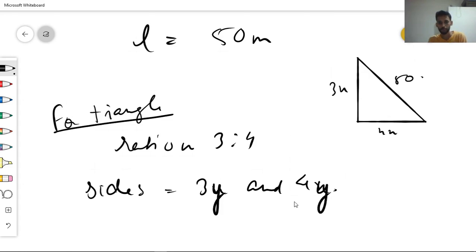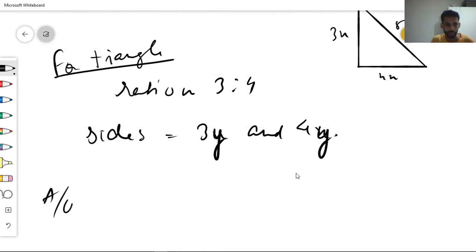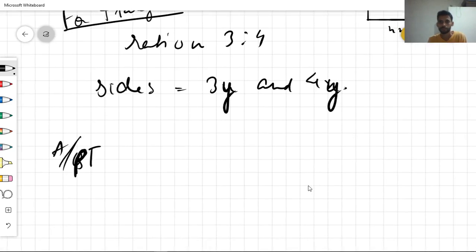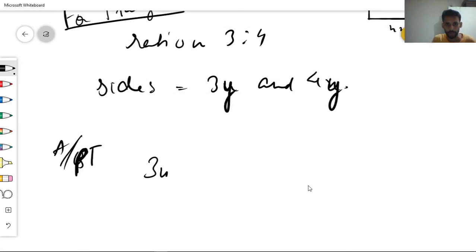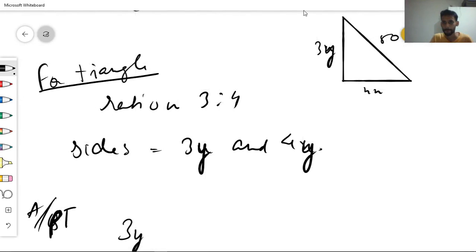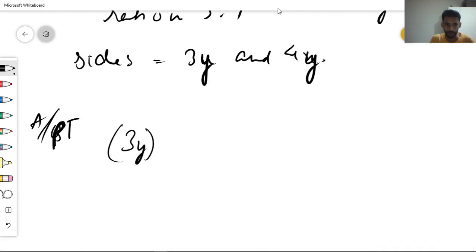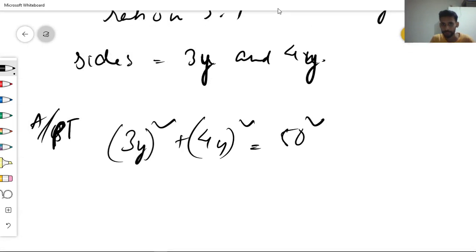So 3y and 4y. So now according to the Pythagoras theorem, the square of these two sides, let us consider this y, (3y) square plus (4y) square is equal to the other side, that is 50 square.